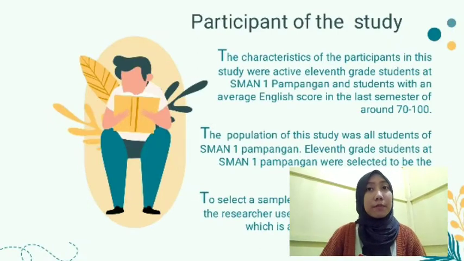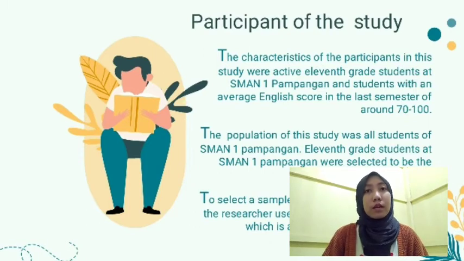Next is the participants of the study. The characteristics of the participants in this study are active 11th grade students at SMA N1 Pampangan, and also students with an average English score in the last semester of around 70 until 100.